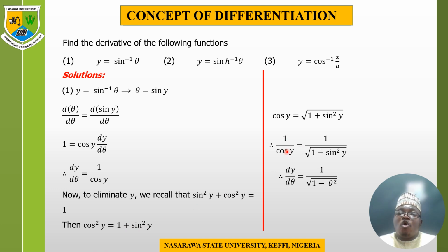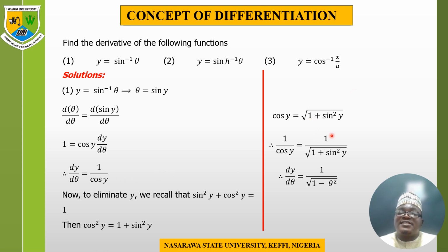Then 1 all over cos y is equal to, because we are looking for cos y, and we have gotten our cos y as the root of 1 plus sine square y. When we replace it here, 1 all over cos y, and our cos y, remember, is this.